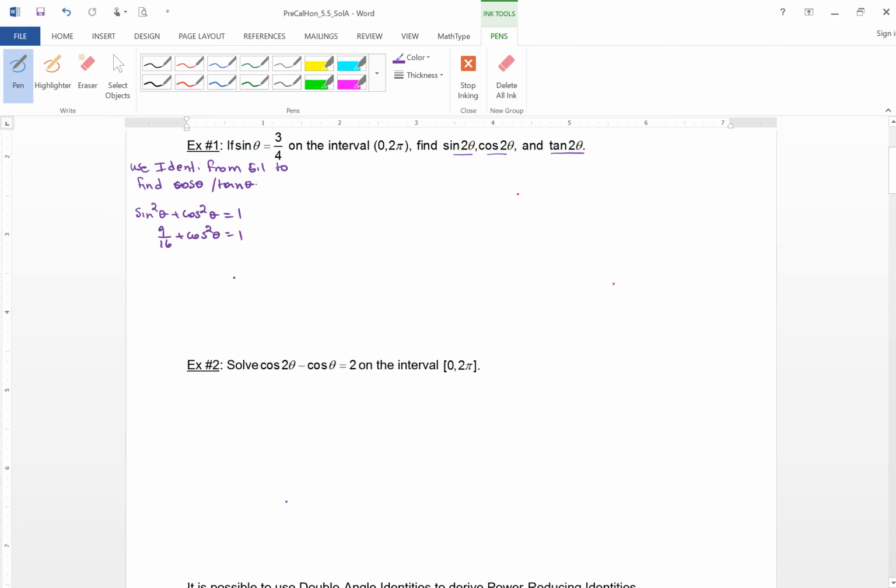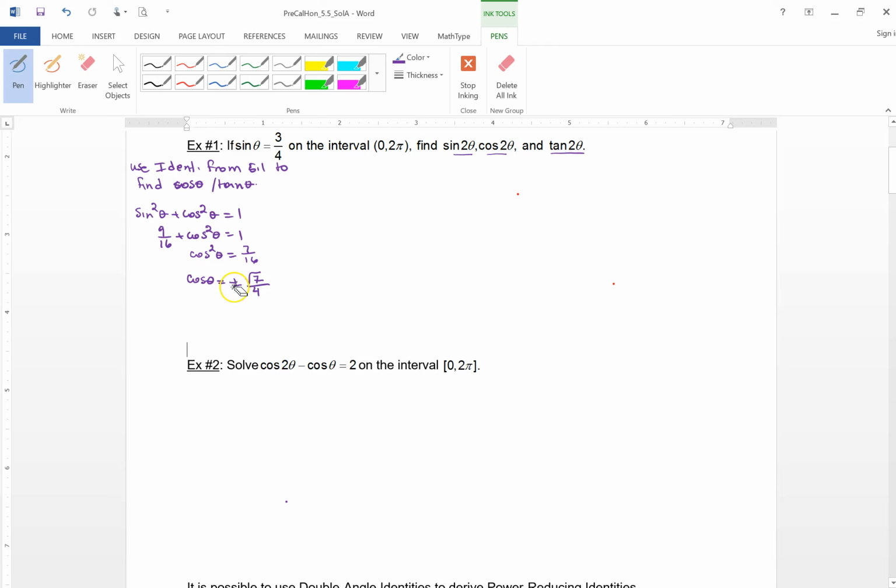Cosine squared theta is 7 over 16. So cosine of theta is plus or minus root 7 over 4. I'm going to take the positive. And then it'll fix itself.